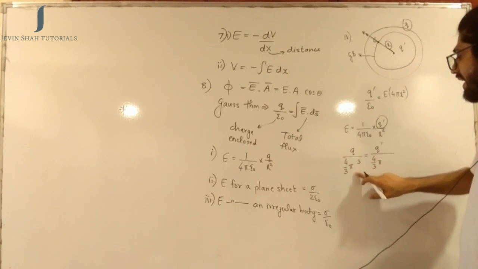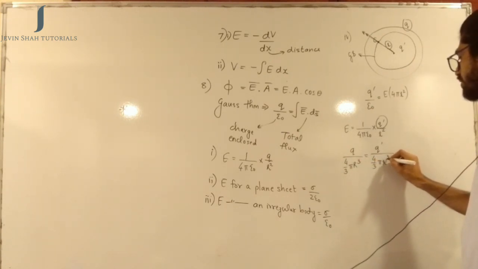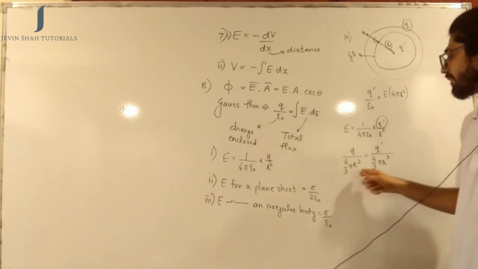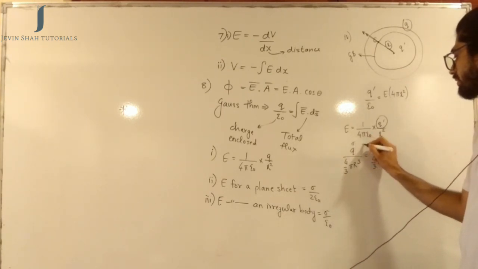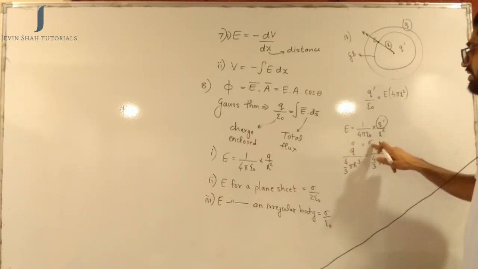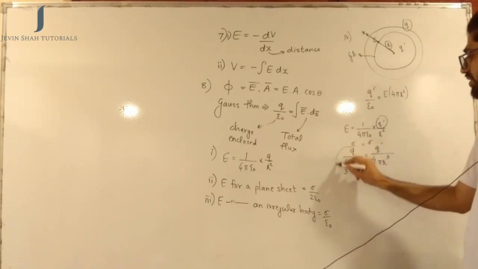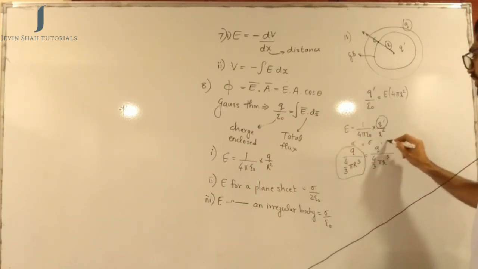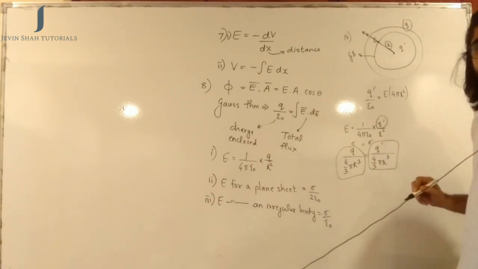Sorry, this should be capital R cube because this was for the full sphere, and small r cube for the Gaussian sphere. Keep in mind, what I am doing is I am saying that the charge density, that is sigma, for the bigger sphere and sigma for the Gaussian sphere will be the same, because charge is uniformly distributed.